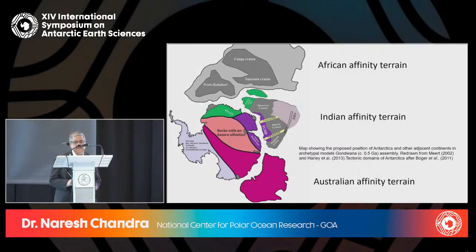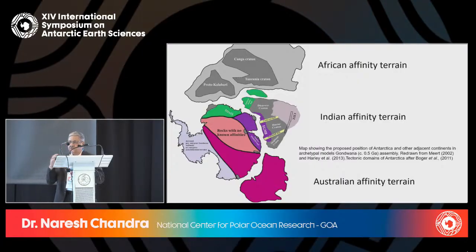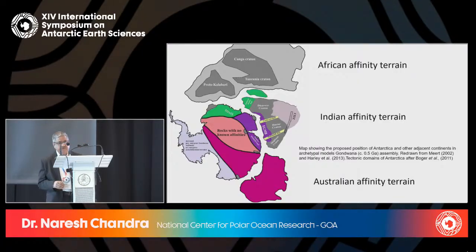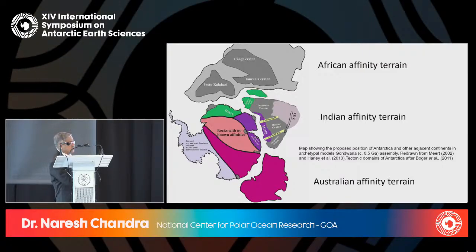There were some very gross correlations made by Boger in 2011. If we magnify this on a slightly larger scale, in the context of East Antarctica we have three major adjacent terrains: the Australian, the Indian, and the African entity terrains. In some of these terrains, some work has been done, and it gives us reasonably good confidence.